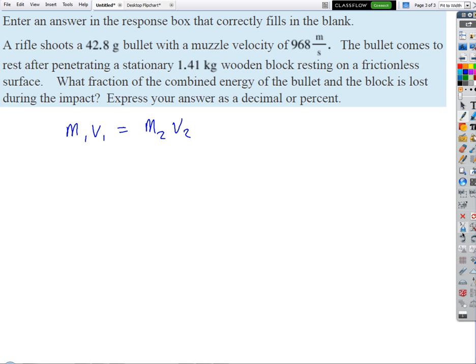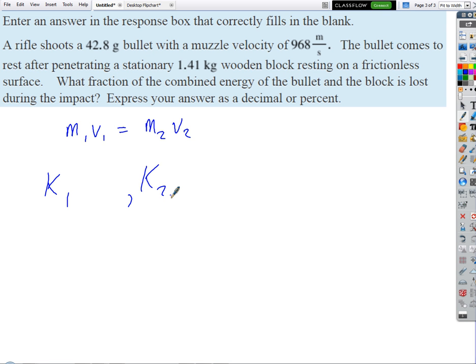Make sense? So we can find out what V2 is, because we know M1, we know M2, we know V1, right? No big deal. And then all we're trying to do is find K1, so it's really just the kinetic energy of the bullet, right? K2 is the kinetic energy of the bullet and the block lodged together, right?